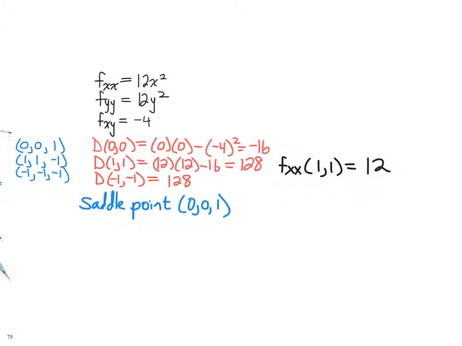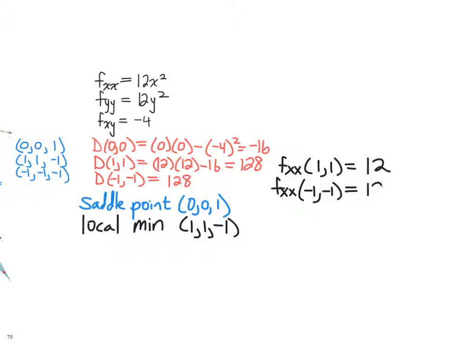So we now know that at 1, 1, -1, what happens when my second order partial is positive? What do my conditions tell me? Either minimum or... It's minimum. Yeah. Local min. All right. And then when I plug in -1, -1, I get a positive again, right? So it's still a local min.